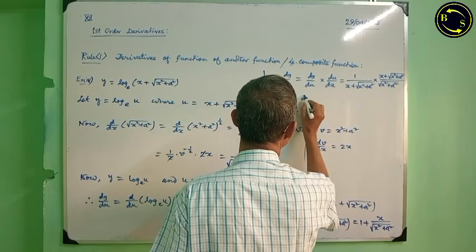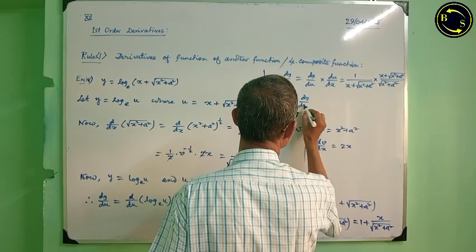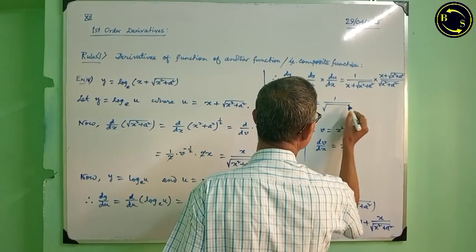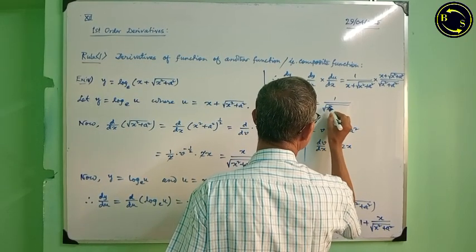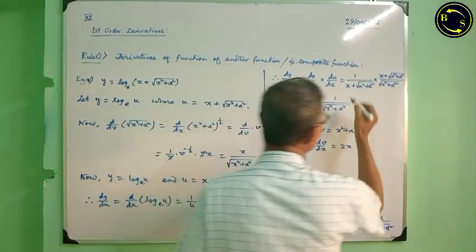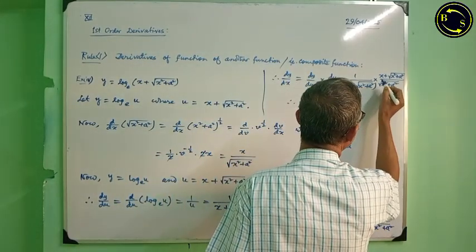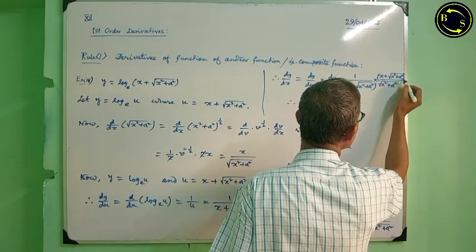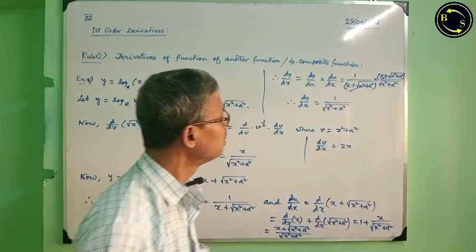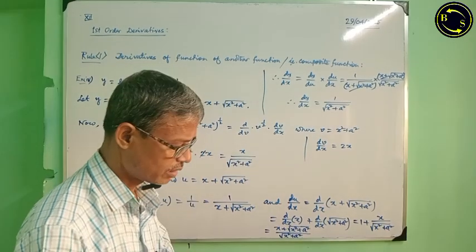Therefore, finally, dy/dx is equal to 1 by root over x square plus a square. Here, these two expressions cancel from numerator and denominator. Finally, we get dy/dx.